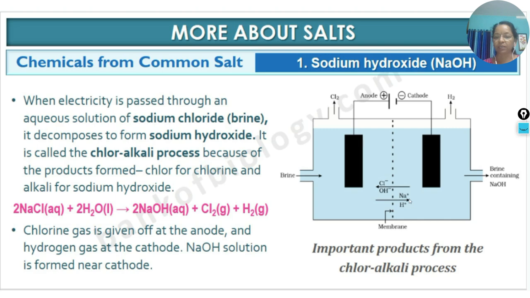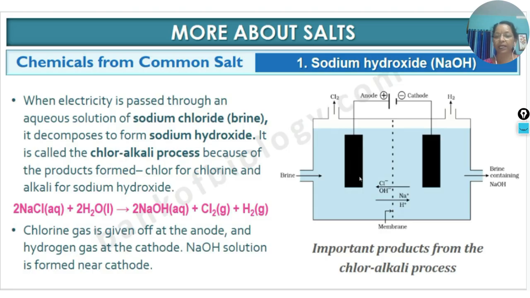and out of that, hydrogen wins the race. So we get hydrogen at the cathode during the chloralkali process. Towards the anode, the anions move, chloride and OH- ions, and chlorine wins, so we get chlorine at the anode.